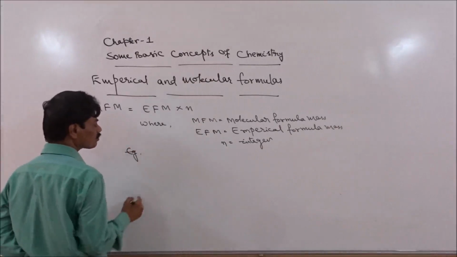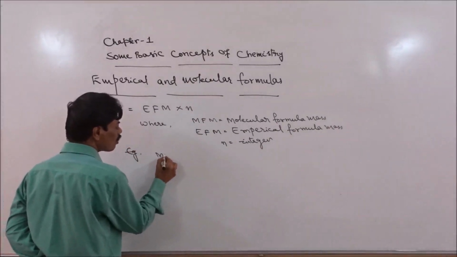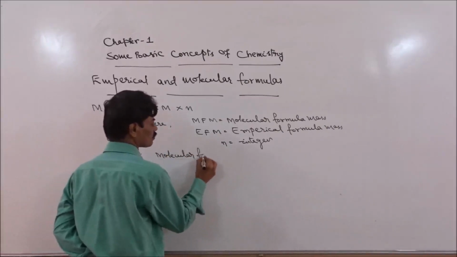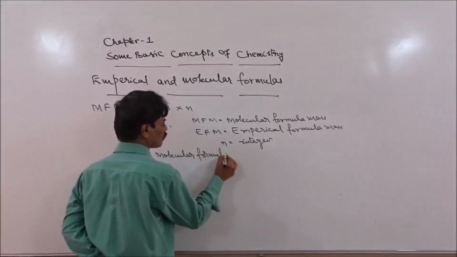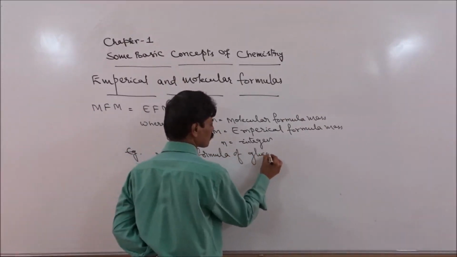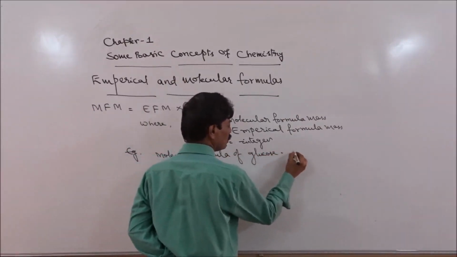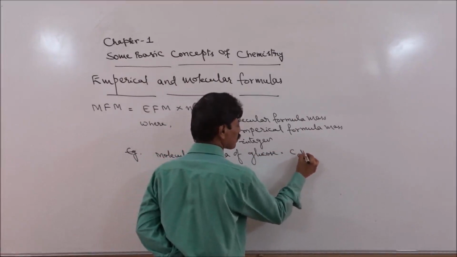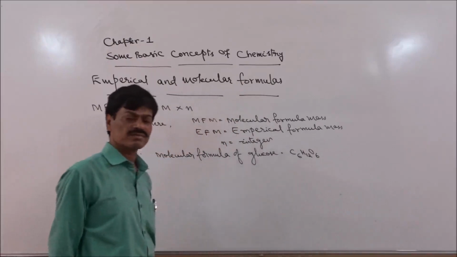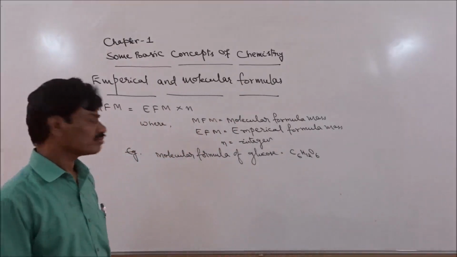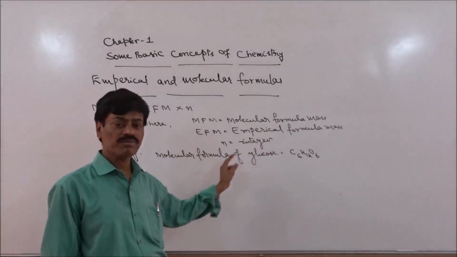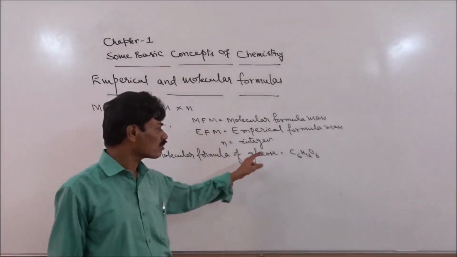Example, the molecular formula of glucose is C6H12O6. This is MF, the molecular formula of glucose.